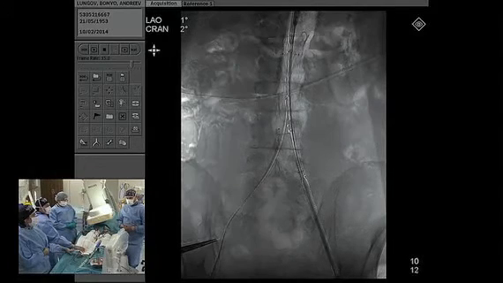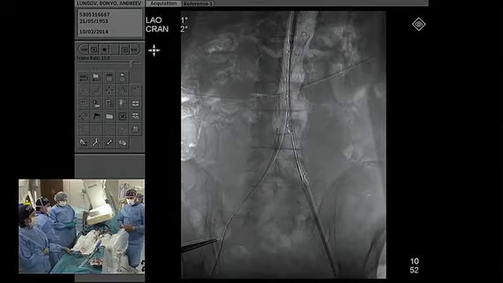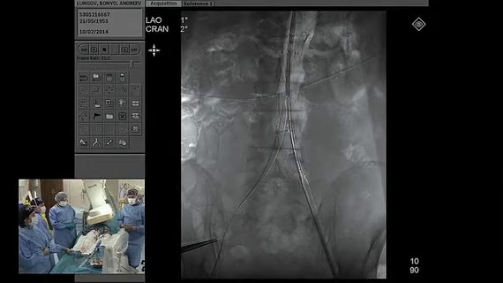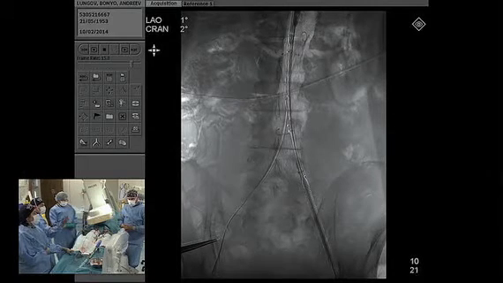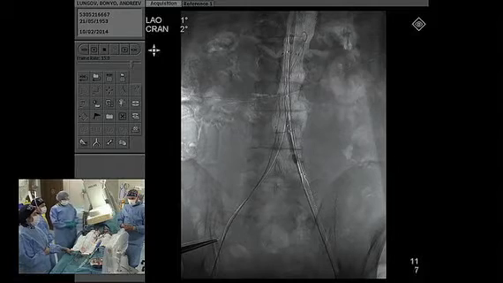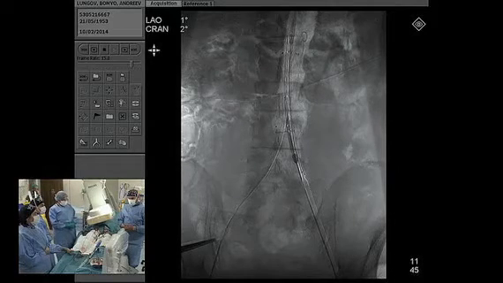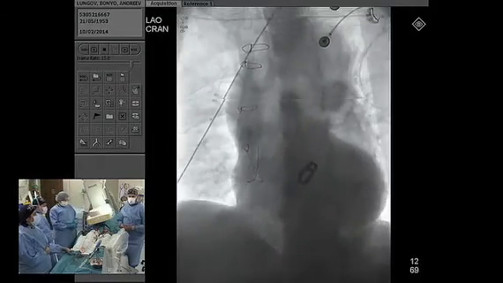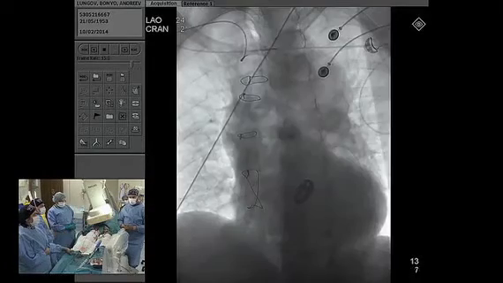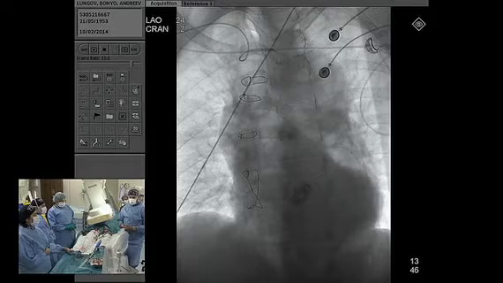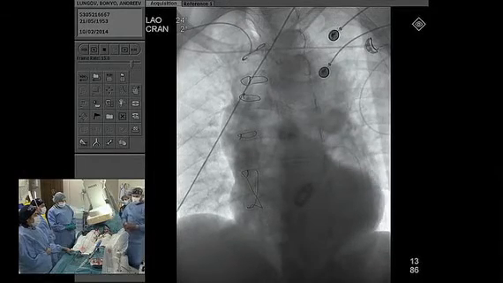Next. Can you hear me now? Okay. Yeah, this is retrieval of the cone. Next. So it's very well seen here that the patient is after a mechanical valve implantation of the aortic valve that is functioning very well without any problem. Next. This is the introduction from the right radial artery.